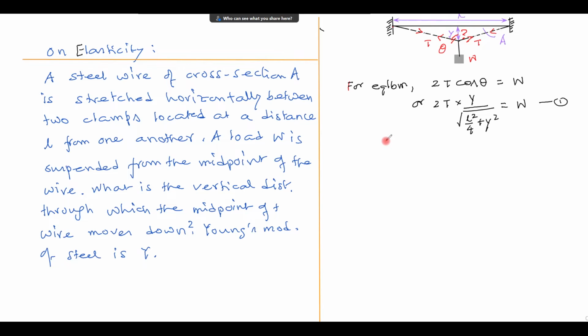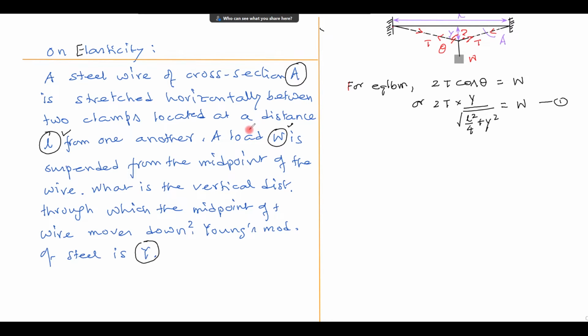And then y. Another expression is, we have not yet used y. The things that are given, you have to keep in mind: Young's modulus Y is given, A is given, L is given, W is given. We have already used W and L, but Y and A, Young's modulus and area of cross section, we have not yet used them.